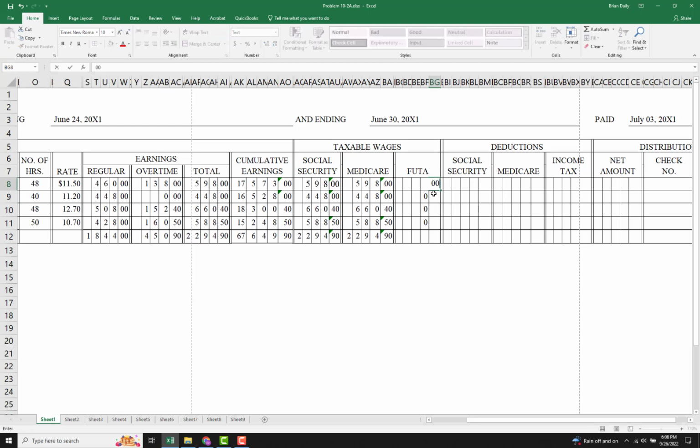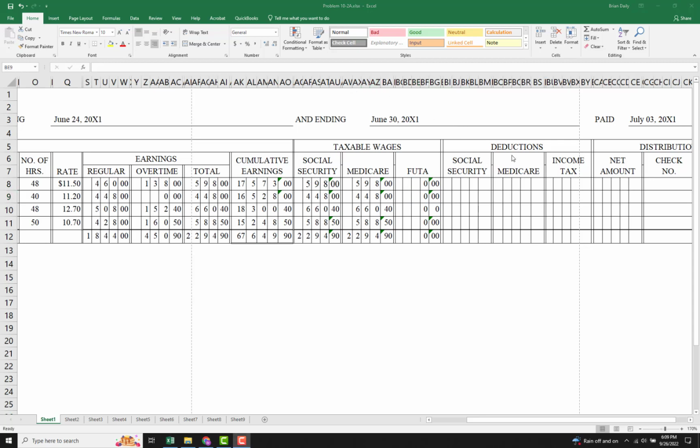So we would show zeros in each row for these employees. In Chapter 11, we're going to go into more depth on the federal unemployment and the state unemployment taxes, but I did want to mention them here. They are discussed briefly in the text in Chapter 10.